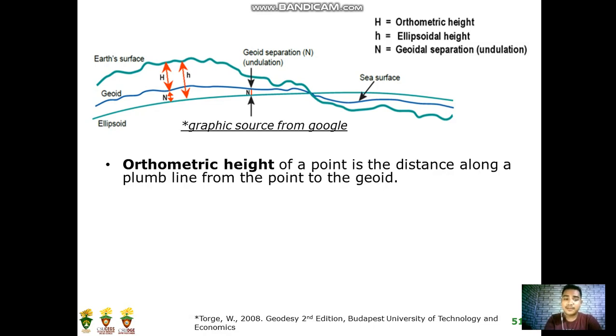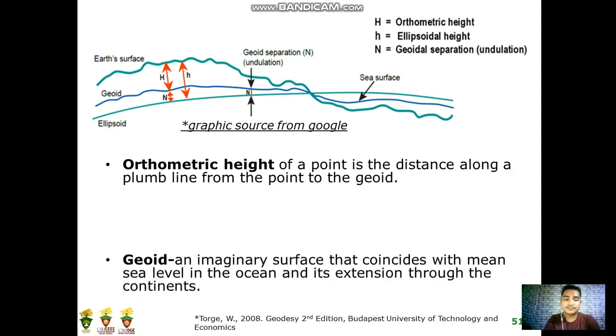So when we say plumb line, it is the direction parallel to the gravity towards the center of the Earth, padulong sa center sa Earth. So kung asa padulong ang direction sa imong gravity, dito pod ang plumb line. And again, orthometric height is the distance along the plumb line from the point, or kung asa ka nagtindog sa Earth's surface, to the geoid, or kanang dark blue nga color sa geoid, no? So denoted by big H.